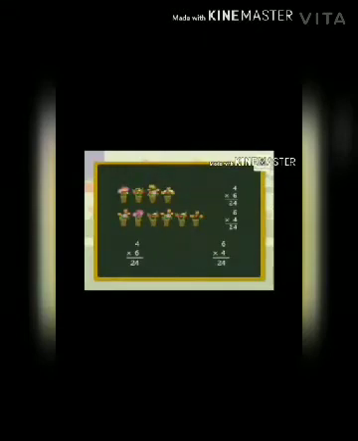So, we see 4 into 6 is equal to 24 and 6 into 4 is also equal to 24. Thus, we know even after changing the order of the numbers, the product doesn't change. This property is also called commutative property.